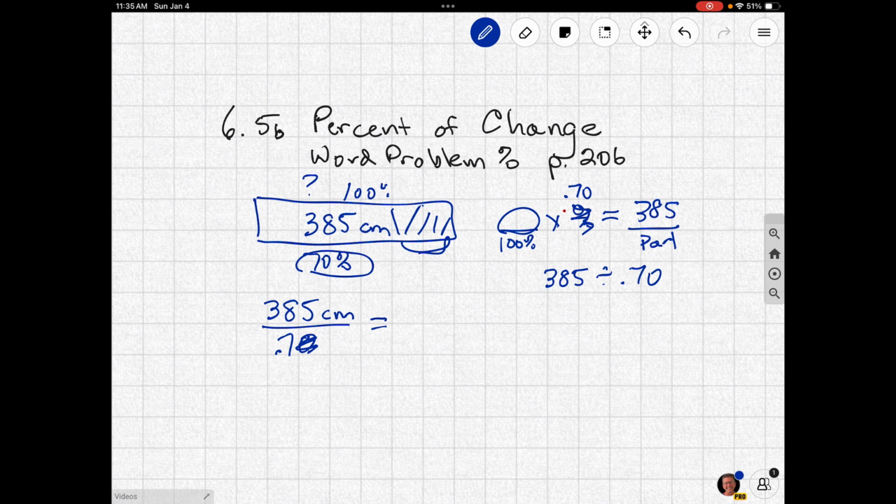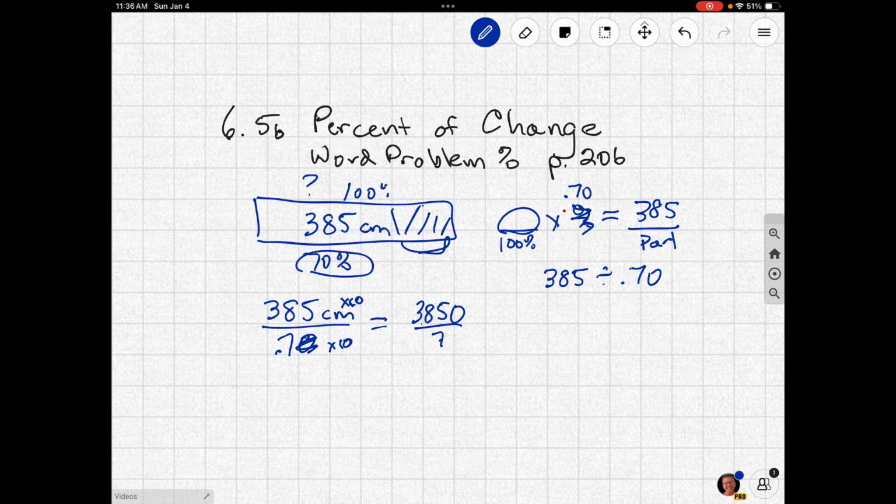Division and fractions are the same thing. So this is actually equal to 3,850 divided by 7, because I can multiply this by 10 and that by 10, and we're multiplying by 1, getting the same problem and getting rid of that decimal point.